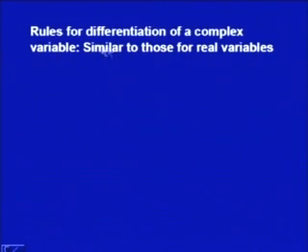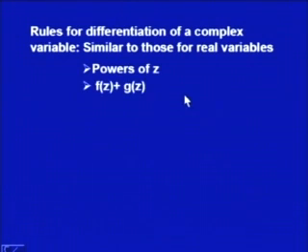Now, we form the rules for differentiation of a complex variable. These rules are very similar to what we have for real variables, and their proofs are also very similar. One by one, for powers of z, the derivative of z raised to power n is n times z raised to power n minus 1. Then the derivative of a sum of two functions f z plus g z is the sum of derivatives.